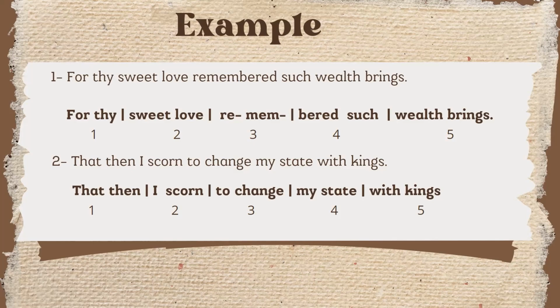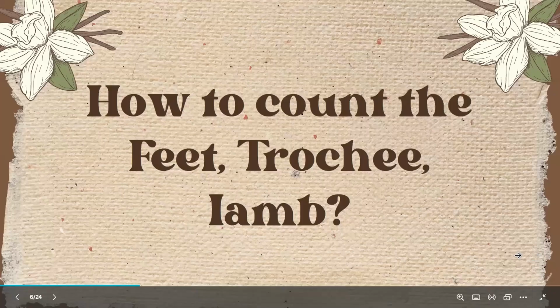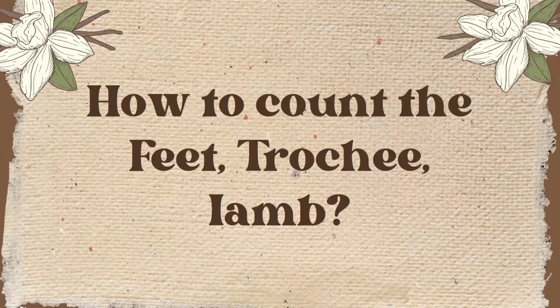"I scorn" will count as another foot. "To change" will be another foot. "My state" will be another foot. And "with kings" will be another foot. And we have five different feet.